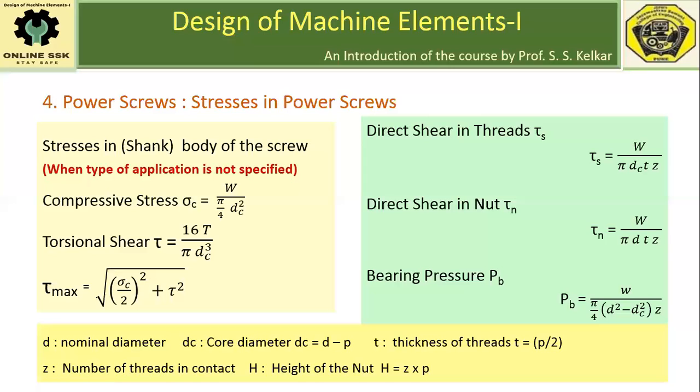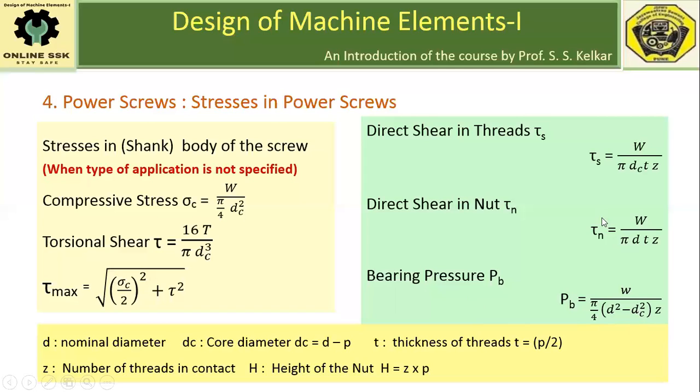Now the bearing pressure in the case of the screw and nut arrangement, denoted by PB, is given by PB equal to W, the load, divided by pi by 4 times d square minus dc square times Z, where d is the nominal diameter and dc is the core diameter.